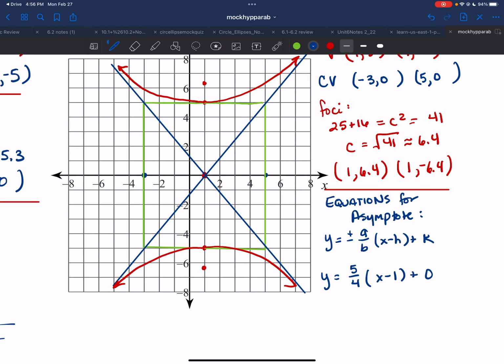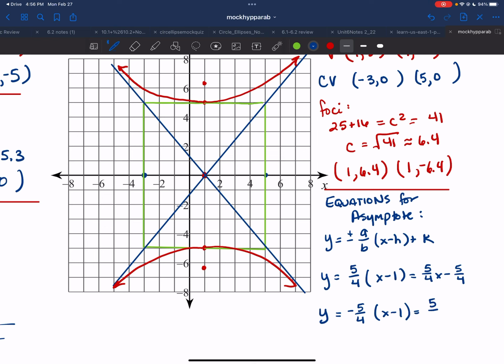And like we said before, if it's a 0, then just ignore it. So I'm going to erase that. And then if I want to go ahead and distribute, I could do that, and that would just be 5/4 x minus 5/4.